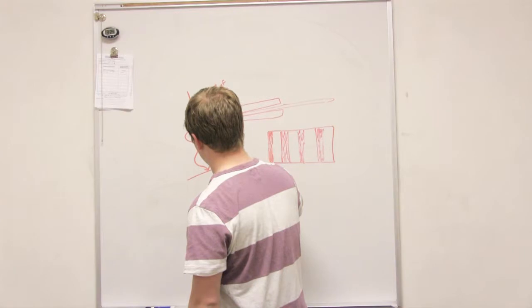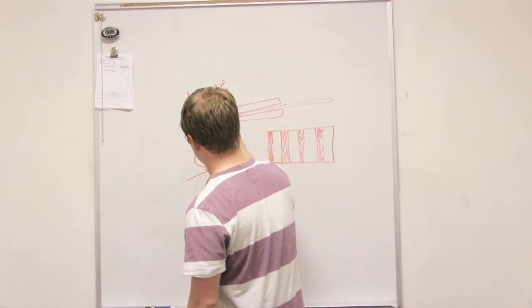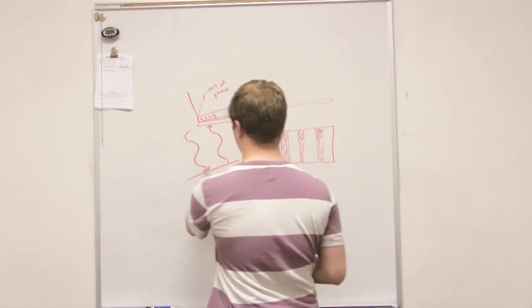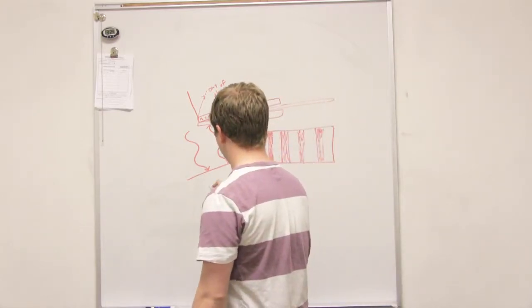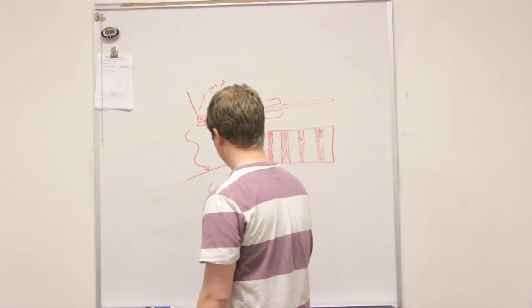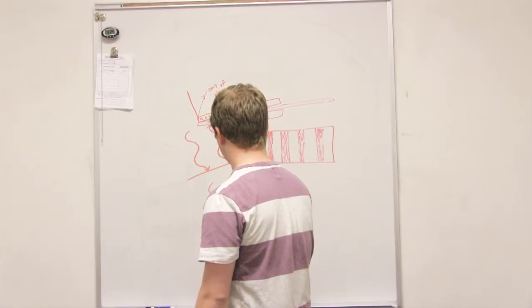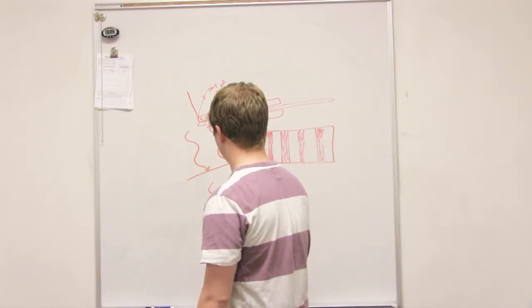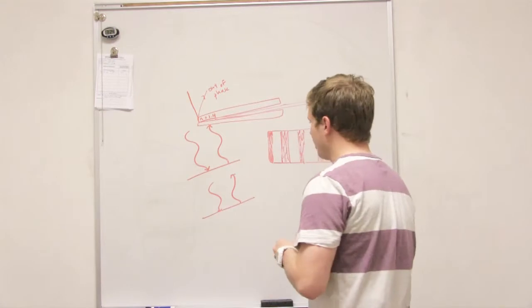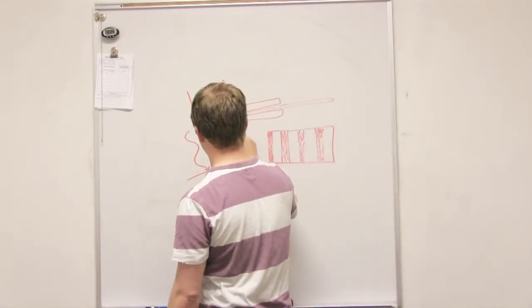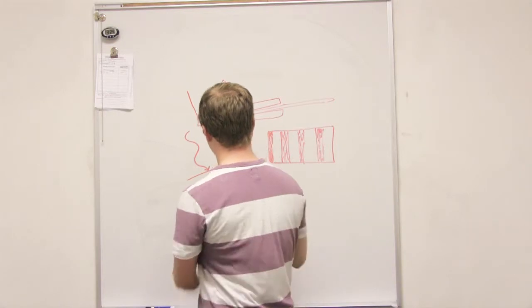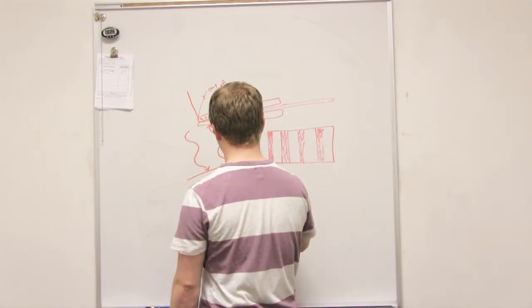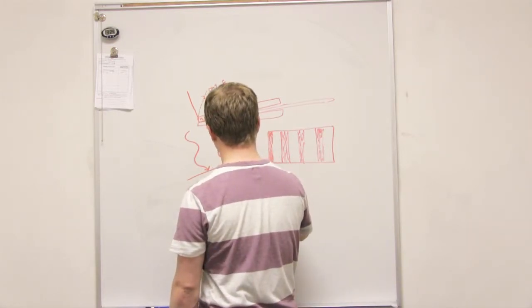If it's in phase, it'll bounce off into the same phase. If it's out of phase, then it'll be the opposite, it'll go off sort of like that. So this is in phase, and this will appear bright. And this is out of phase, and this will appear dark.